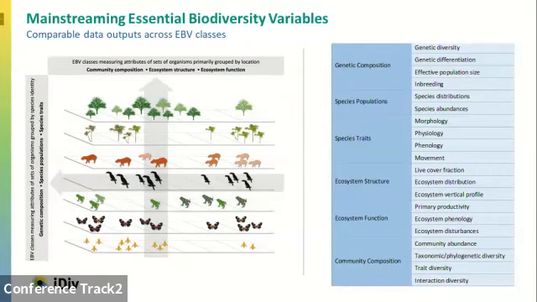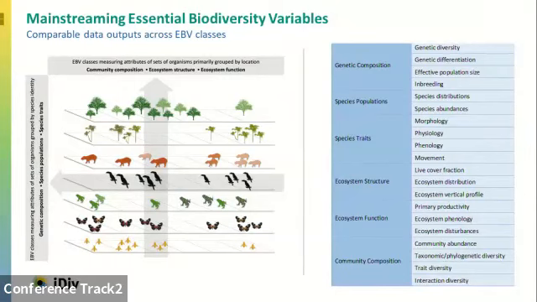Horizontally, we can look at the spatial and temporal variability of organisms, such as species populations, species traits, or genetic composition of species populations. But we can also look vertically at the different components of biodiversity in an aggregated way, such as how communities are structured, or what emerging properties arise at the ecosystem level, such as functions.